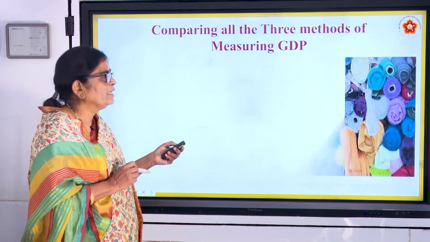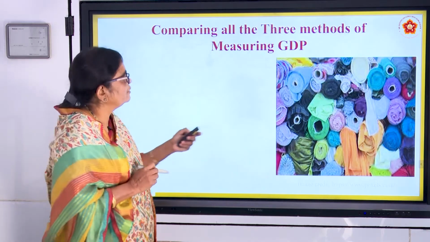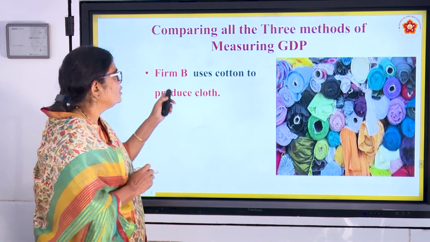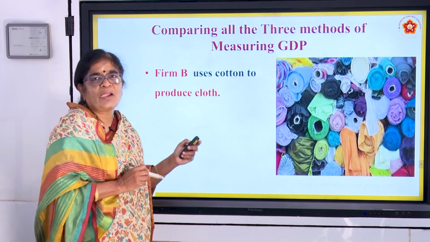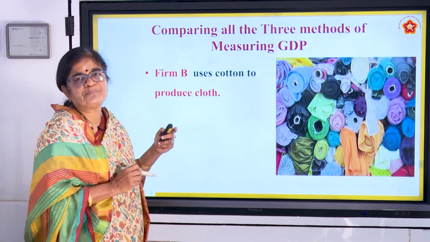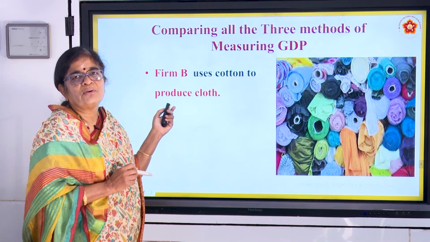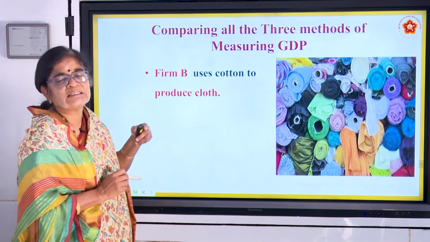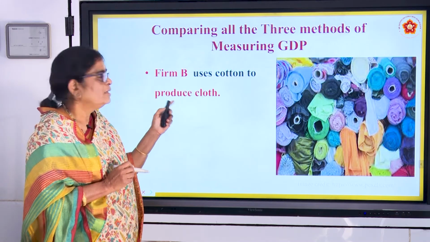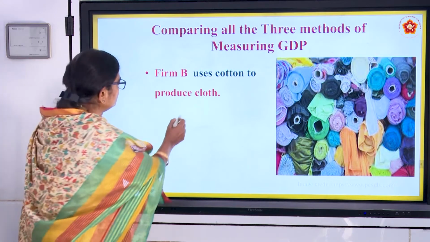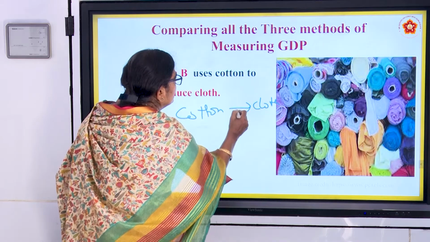Firm B is a textile firm, involved in textile production. They convert this 50 rupees worth of cotton into cloth. Therefore, value is added here. Cotton is the input or intermediate good as far as firm B is concerned, and they transform cotton into cloth through the production process.